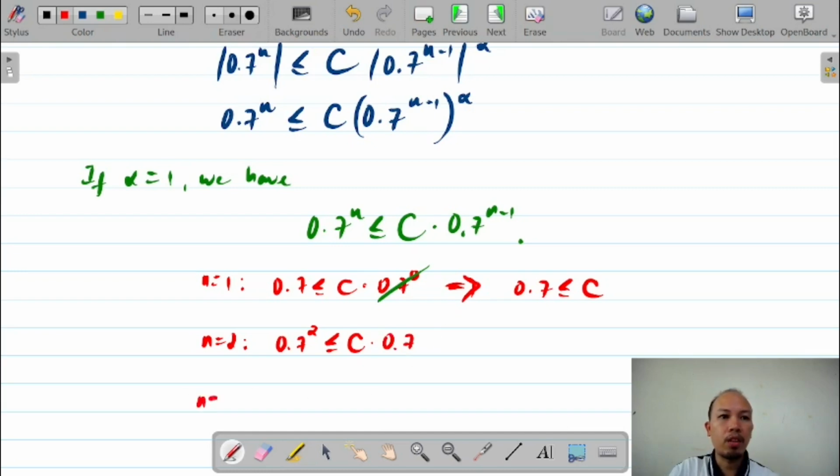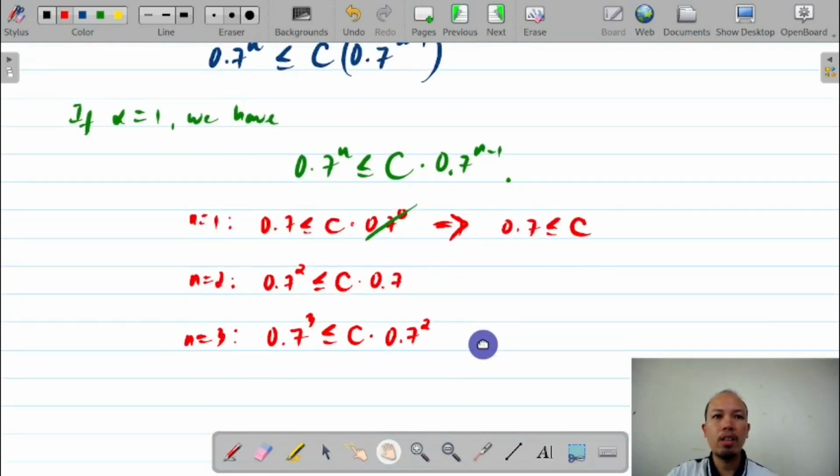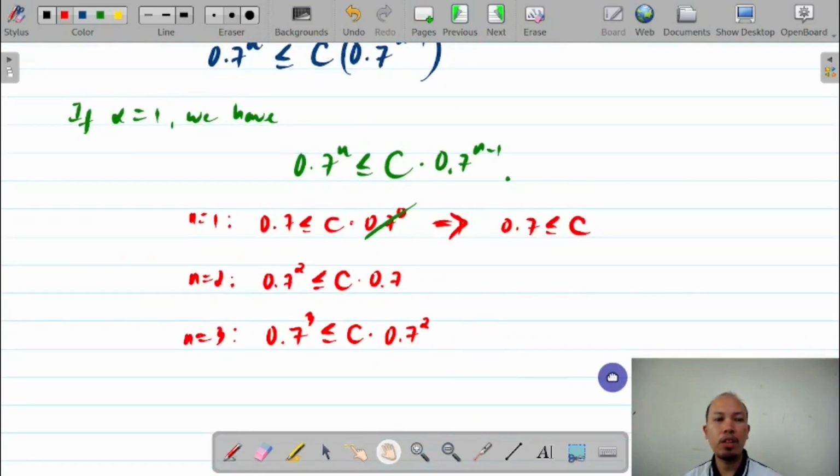Let's try more. n is equal to 3. 0.7 to the 3 less than or equal to c times 0.7 squared. So our candidate for c is 0.7.